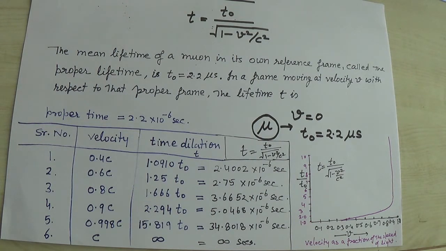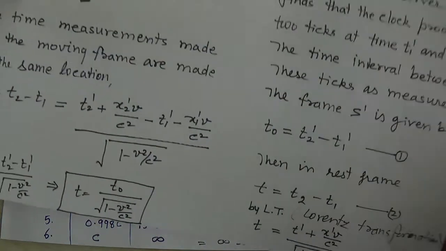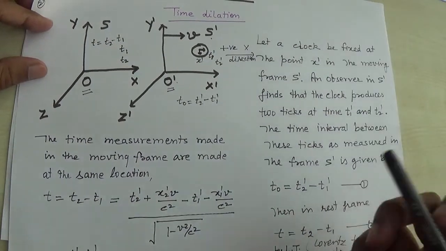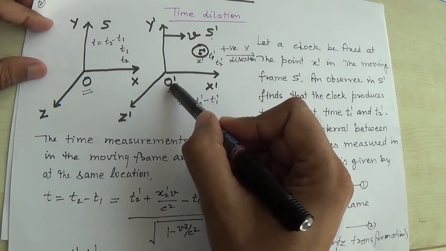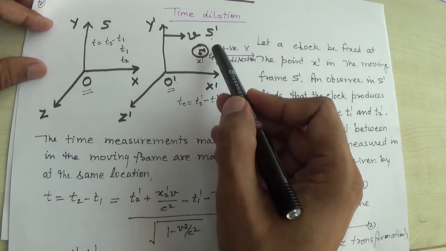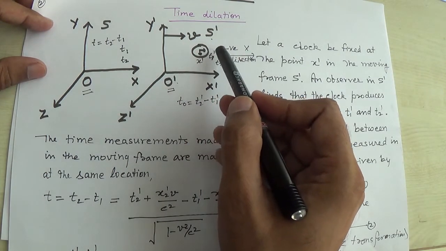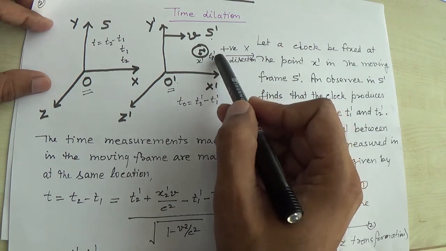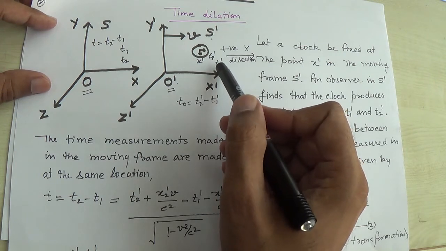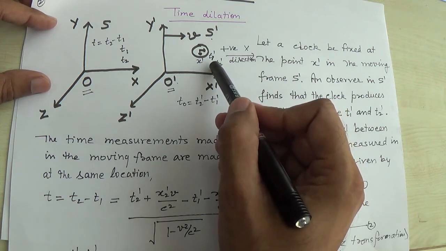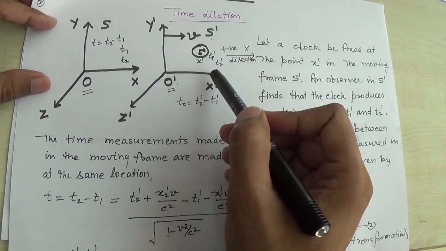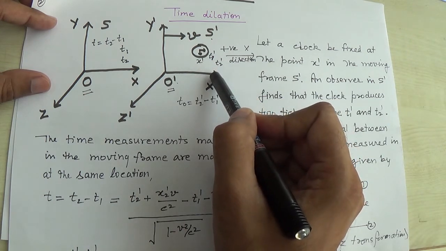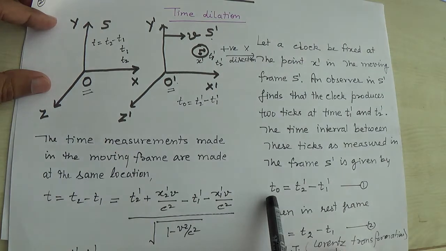I am repeating this explanation again: if a person O prime is in a moving frame and observes two ticks, the first tick at t1 prime and the second tick at t2 prime, then the time interval between these two ticks is t2 prime minus t1 prime, and this time interval will be the proper time, denoted by t naught.